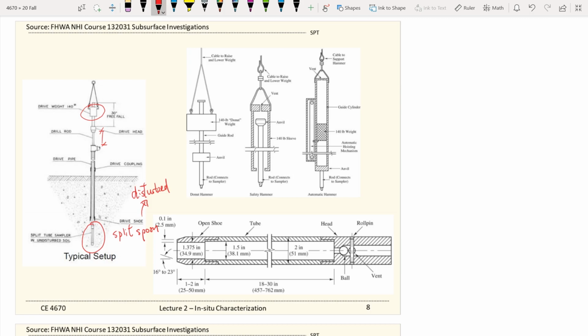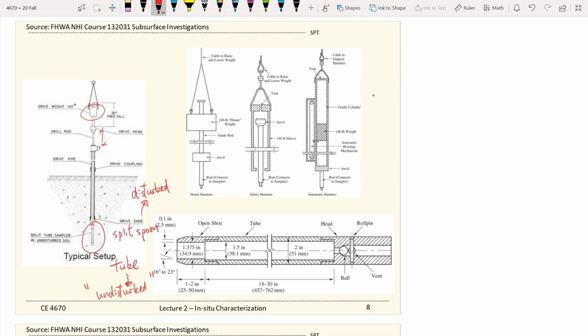And there's another kind of sampler, which we call the tube. This is more advanced, usually more expensive, because this allows you to collect undisturbed soil samples. Be very careful, this is not 100% perfect, but relatively, this is better quality than the disturbed one.